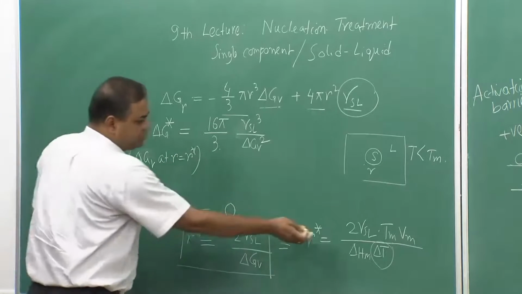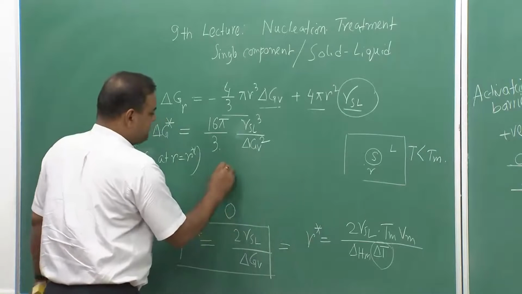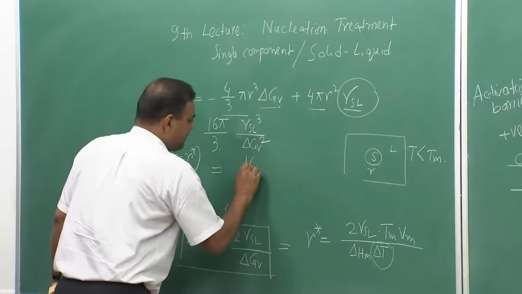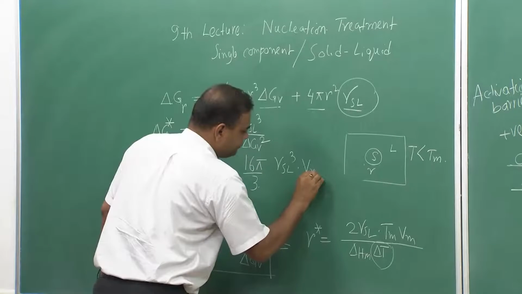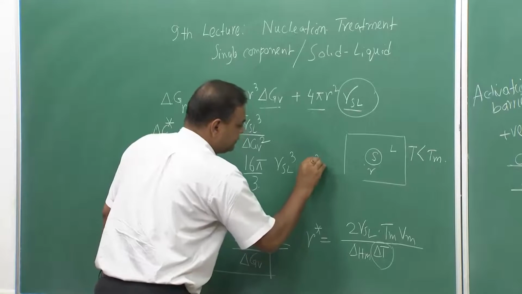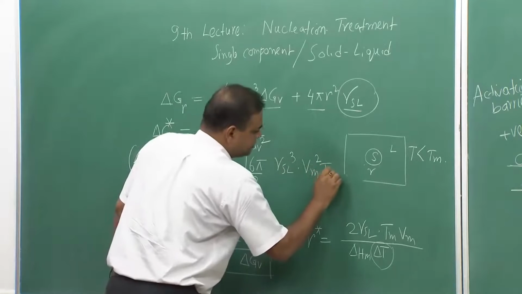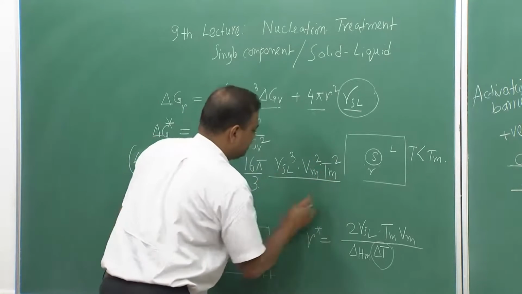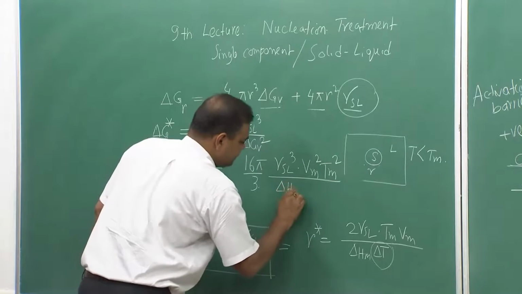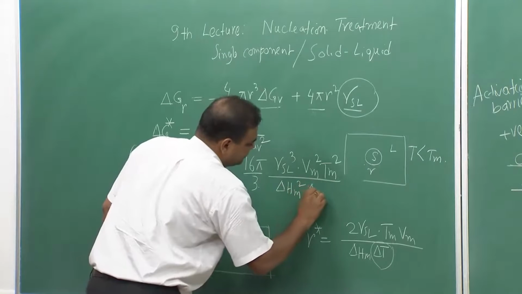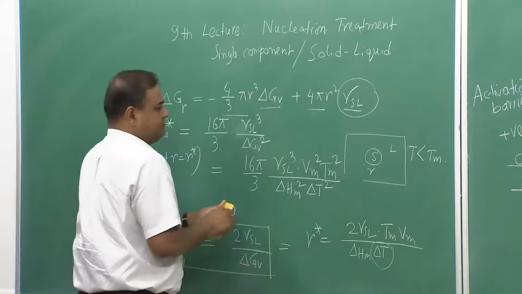Now, if we replace delta G V, we can get 16 pi by 3 gamma SL cube Vm square Tm square by delta Hm square delta T square.